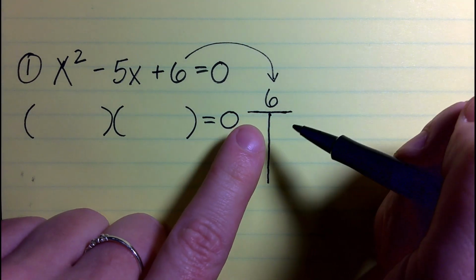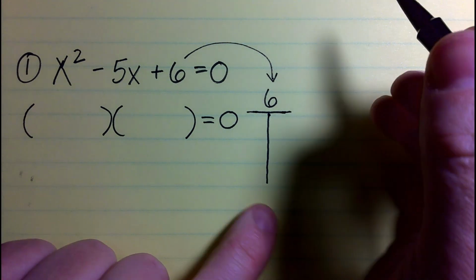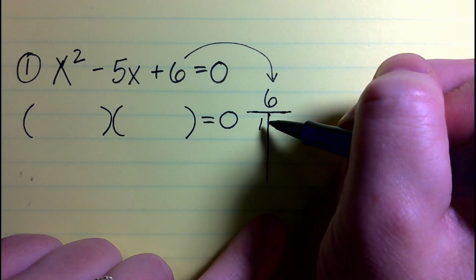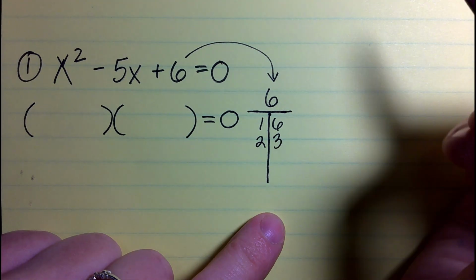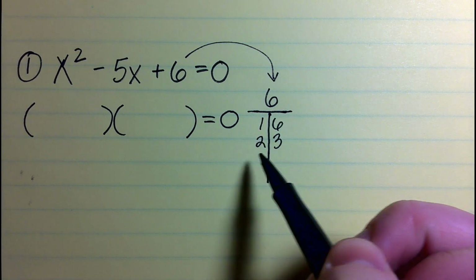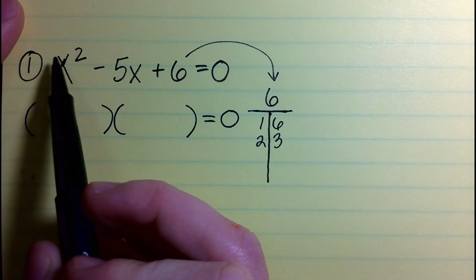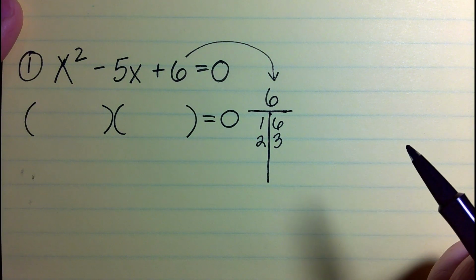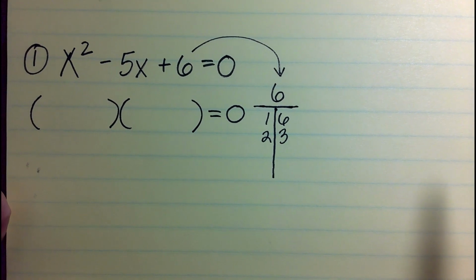You could either have two positive numbers or two negative numbers. So factors of 6, we've got 1 and 6, 2 and 3, and we're going to stop there because we don't need to check the flip-flop since our A is 1. We can interchange them. Okay, what should I try?